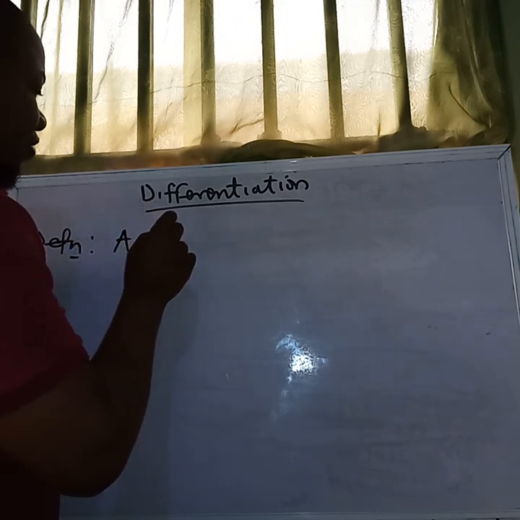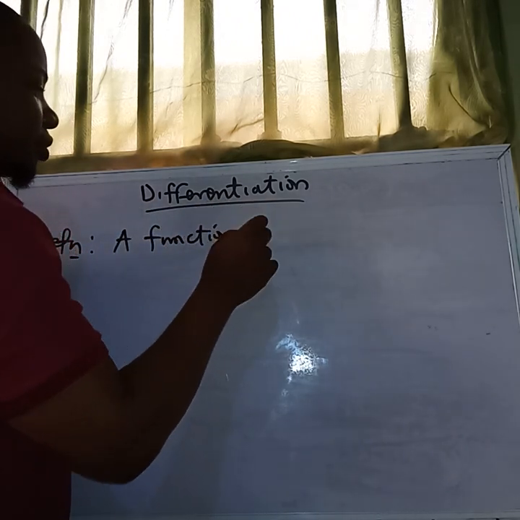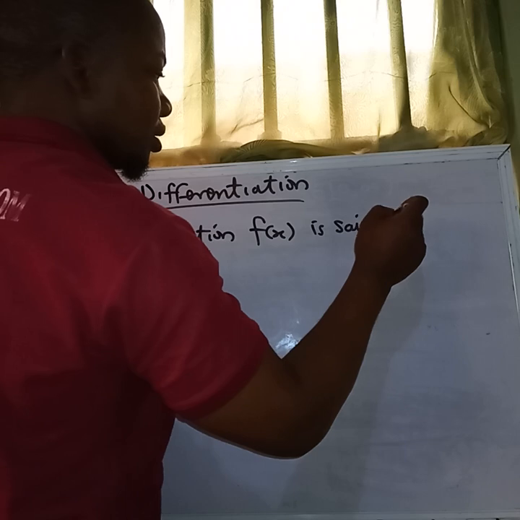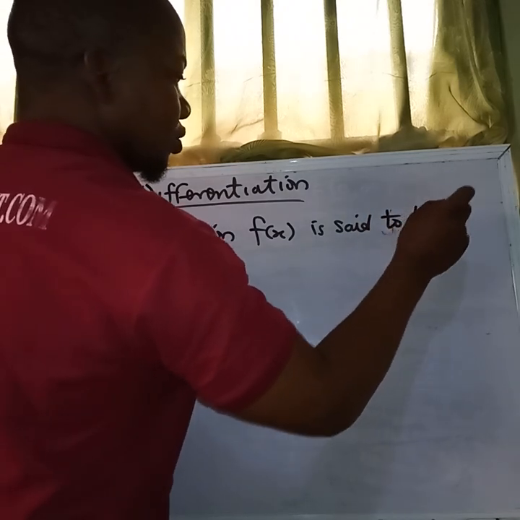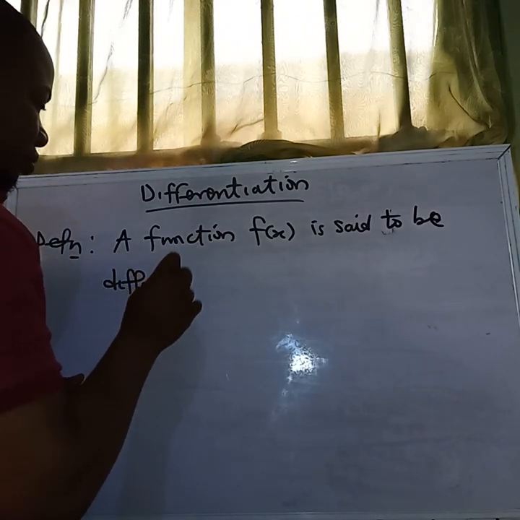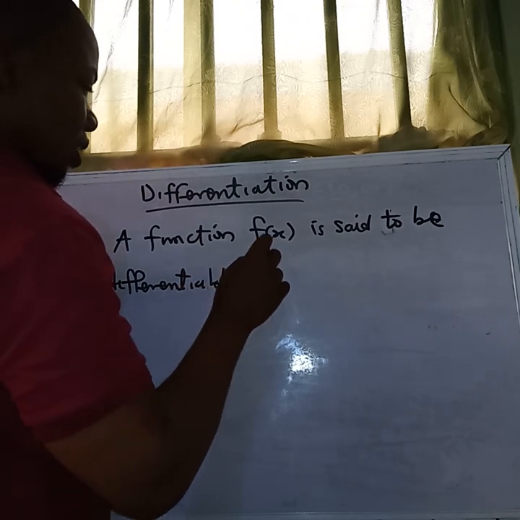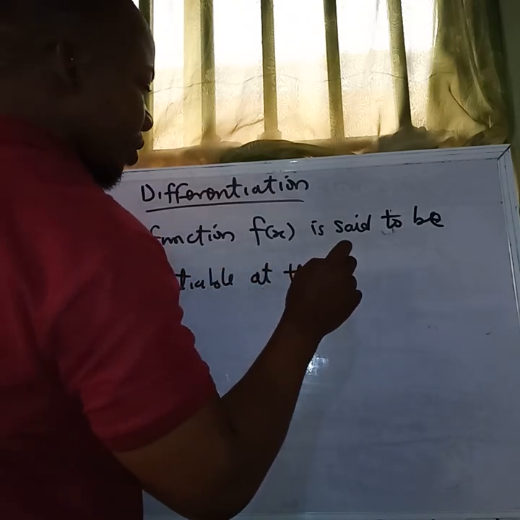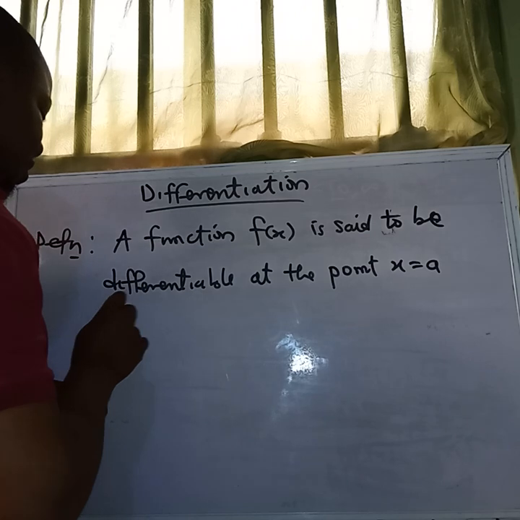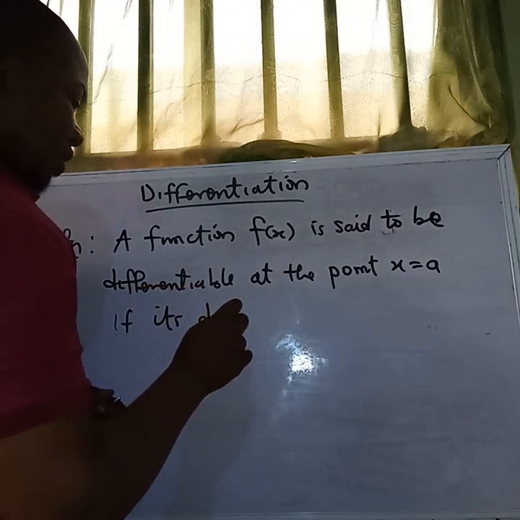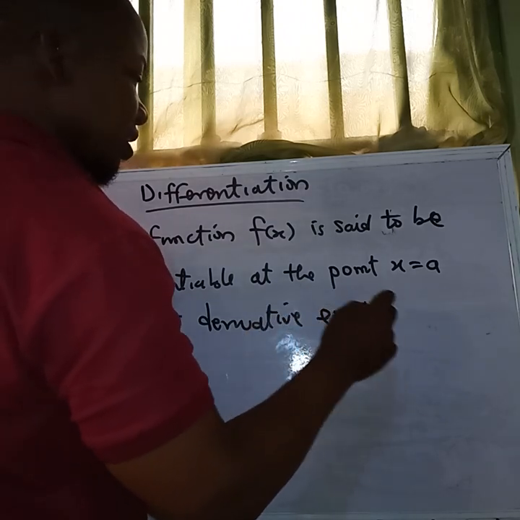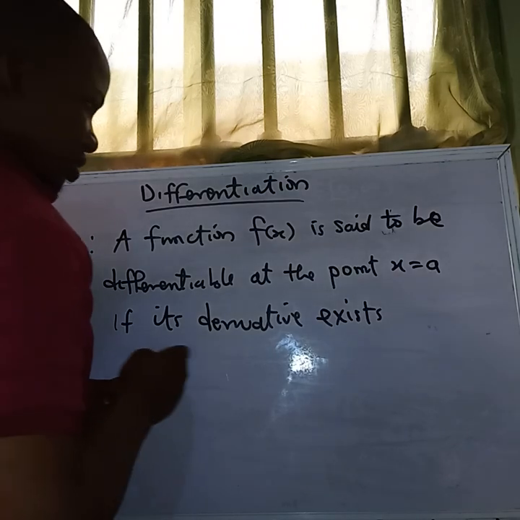A function f of x is said to be differentiable at the point x equal to a if its derivative, that is the derivative we defined earlier, exists.